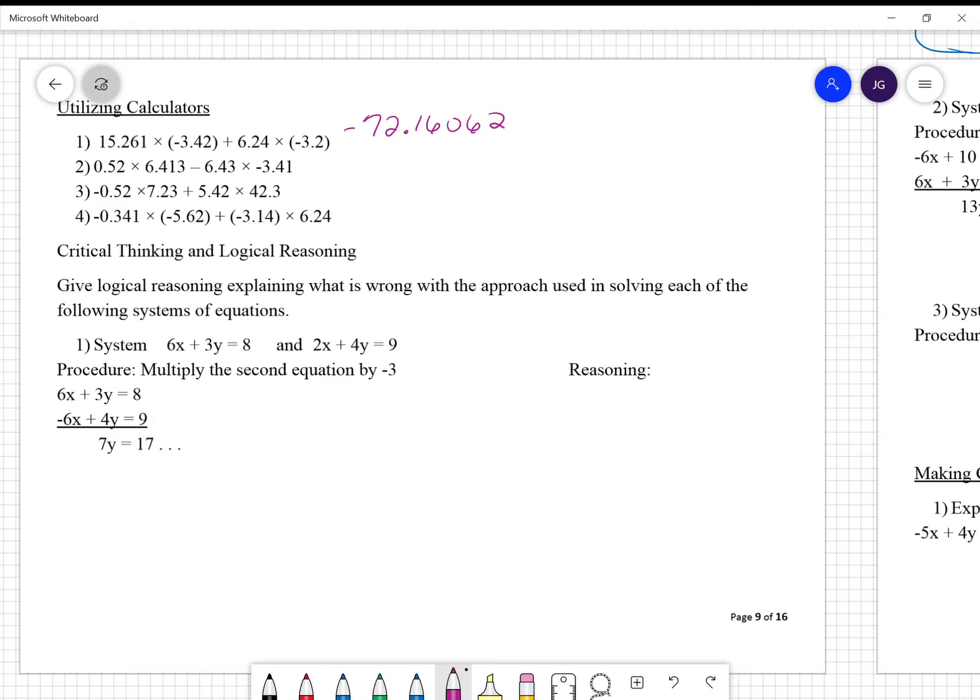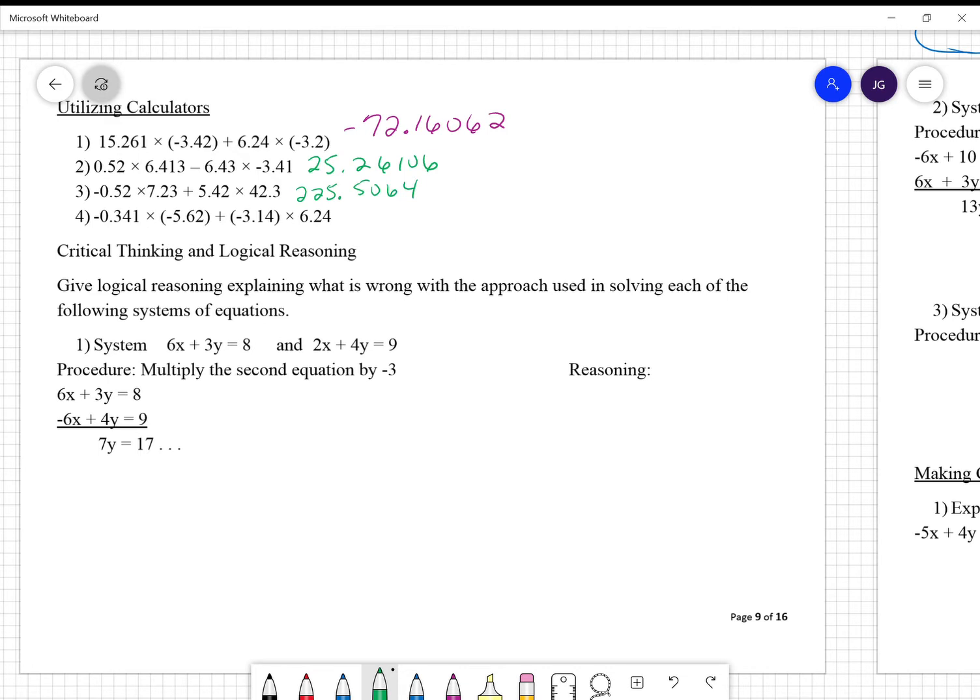Next one is 25.26106. Next one is 225.5064.